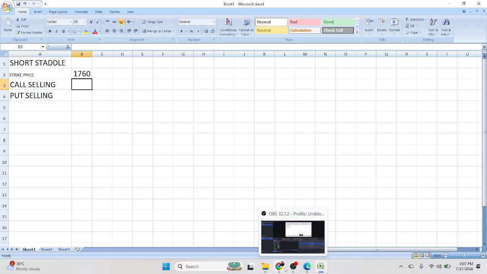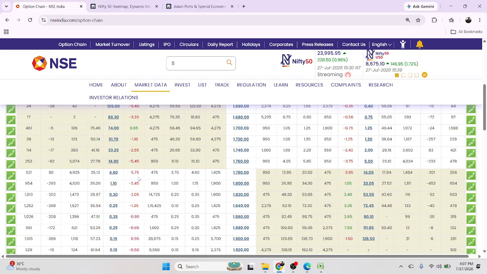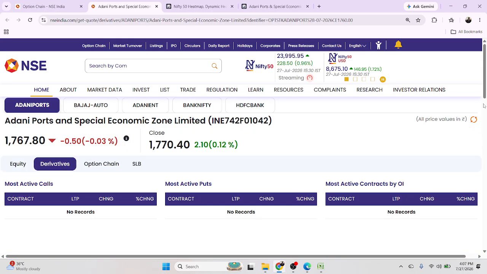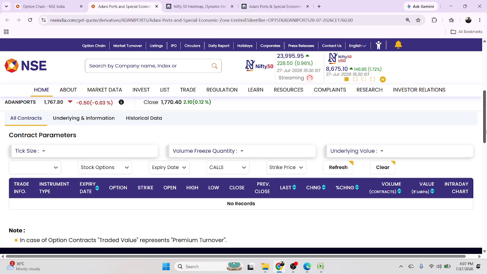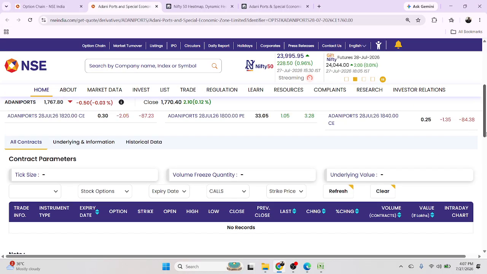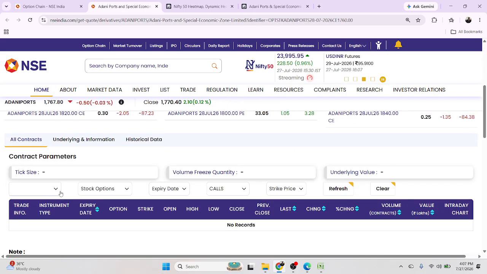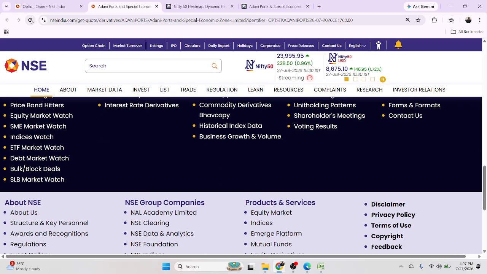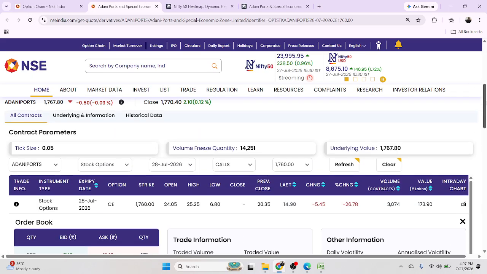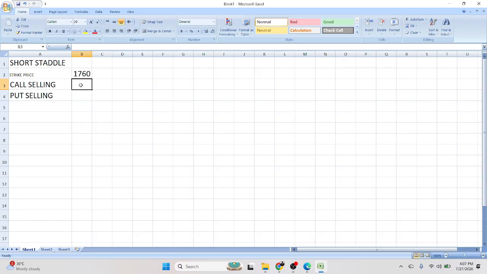If you sold this today in the morning, the 1760 call, the open price was 24 rupees 5 paisa, we can make it 24 or 25.